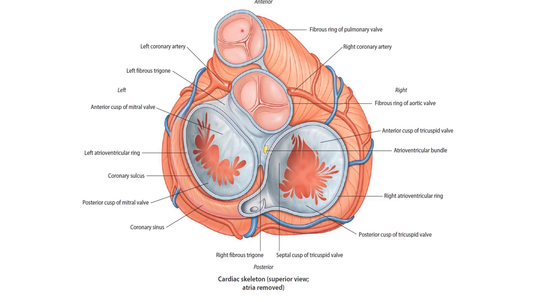In the pulmonary valve, this one is anterior. Can you see that? That's anterior. And then you have left and right. So this is the left, this is the right, this is the left. But here on the aorta, you have the right, the left and the posterior. So on the aorta, you have the posterior, left and right. On the pulmonary trunk, you have anterior, left and right.